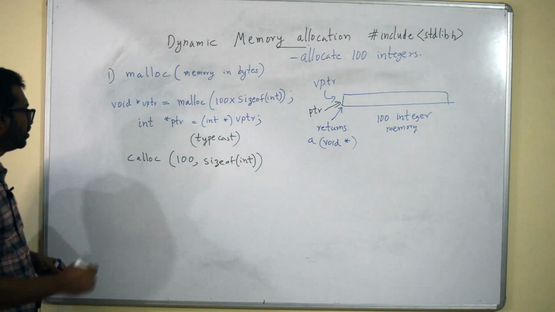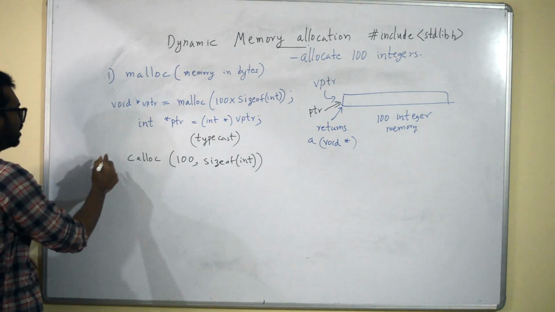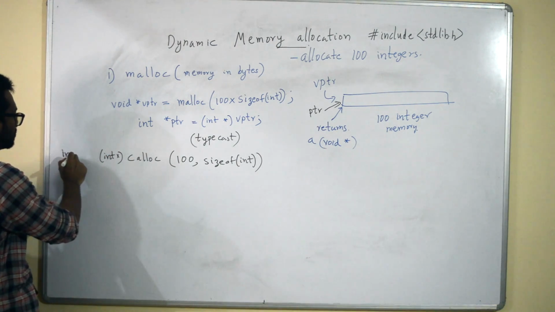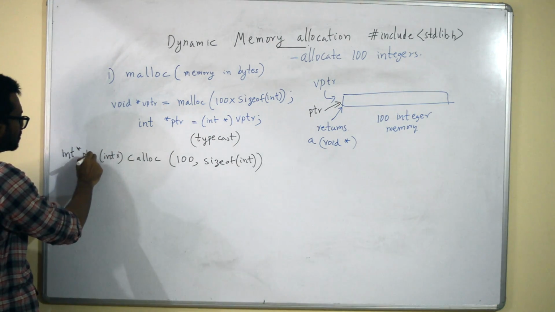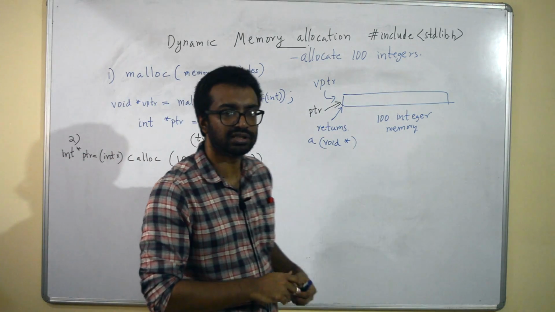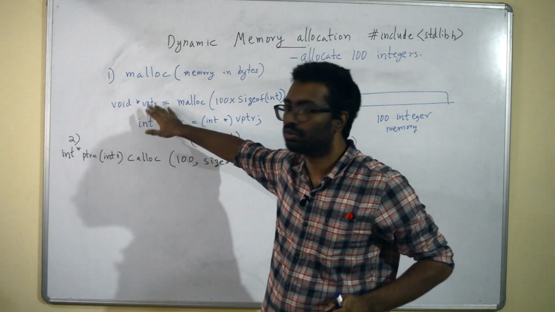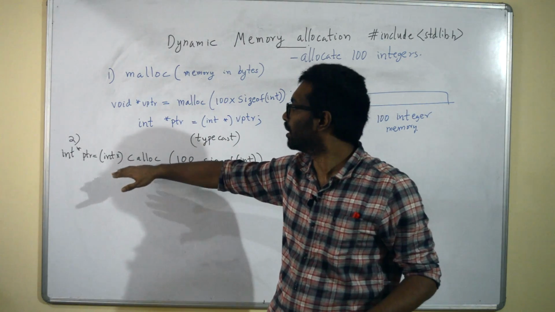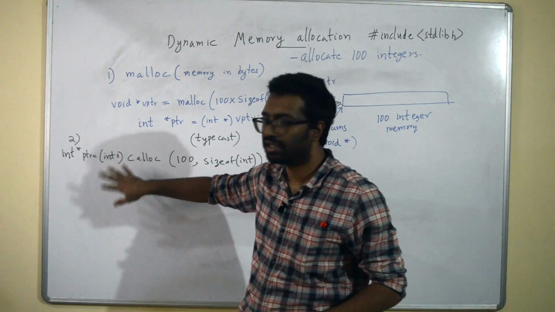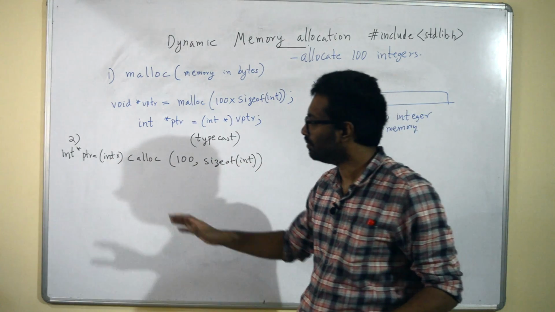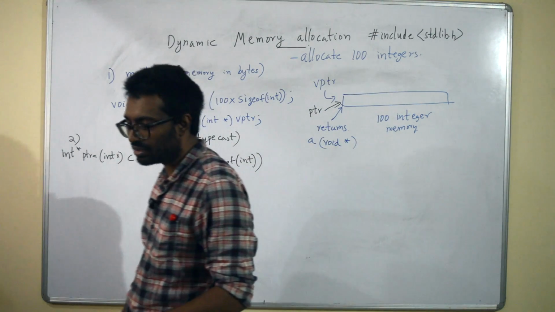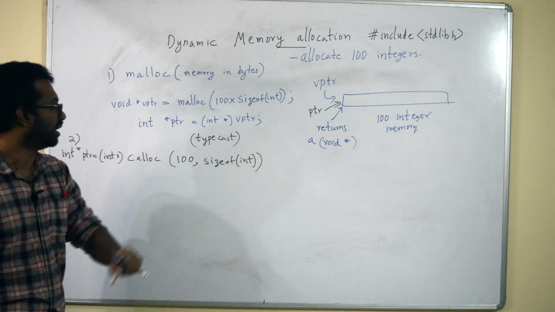What can I do? I can typecast this just like earlier. This is the second thing. I just wrote these two lines as one, and it's saying calloc returns a void pointer, which is then typecast into an int star, and that's now assigned to an int star pointer ptr. This is calloc.